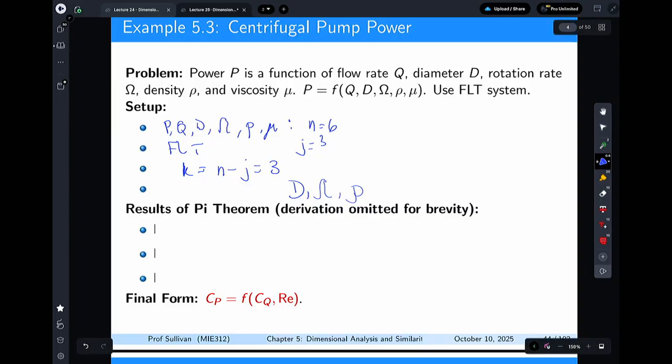So I'll end up with C_P, which equals power over rho.